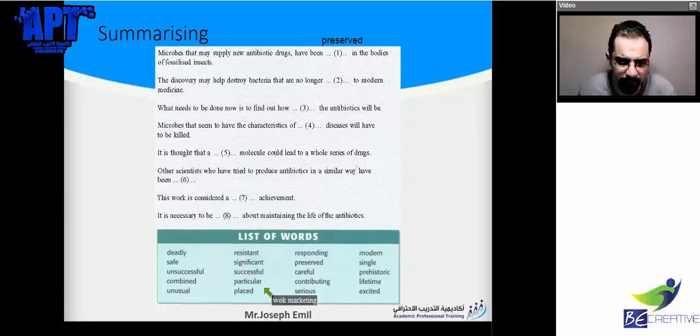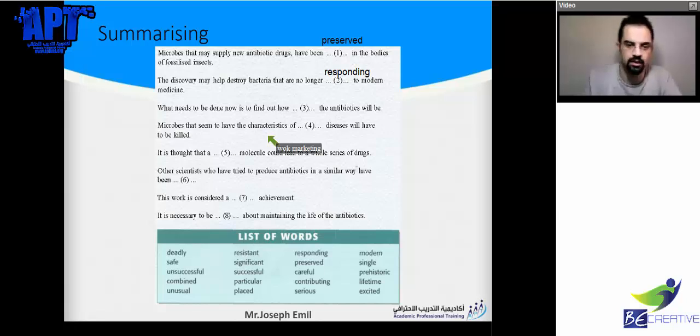No. Responding may be the answer. Responding. Okay, it's very difficult to find the meaning here, but it's logical. No other answer can provide the true meaning. Bacteria that respond to modern medicine is when modern medicine has an effect.